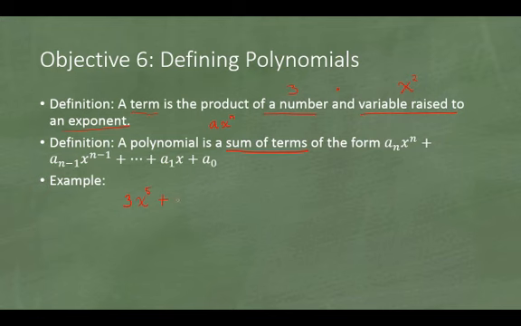Some other number, let's say negative 2x, to a different power, let's say 7. That's an example of a polynomial. Usually for a polynomial we want to make sure that the powers are positive.